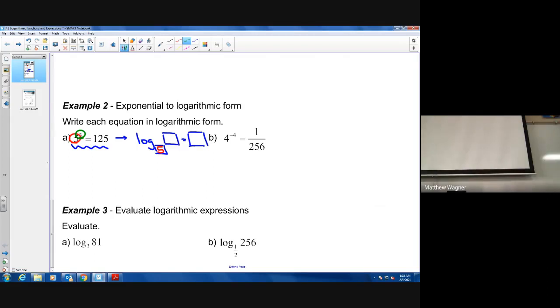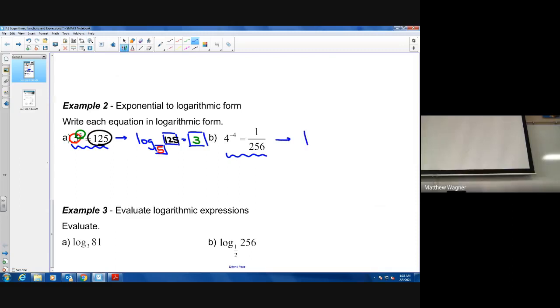My power is my answer, and the answer to my exponential function is what we're logging. So log base 5 of 125 is 3. You're thinking 5 to what power is 125? 3. Okay.